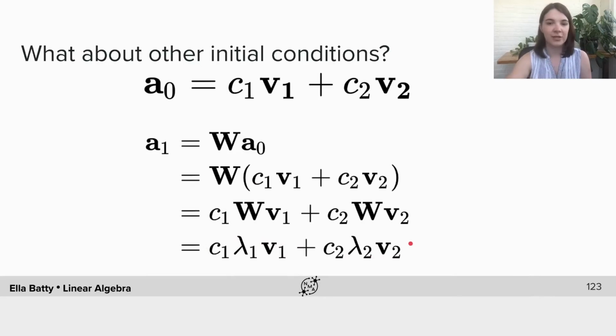And so that's pulling the constants out front and then using the fact that they're eigenvectors to turn this into the eigenvalue times the eigenvector. So we get the activity at time point 1 is the constant times the eigenvalue times the first eigenvector plus the second constant times the second eigenvalue times the second eigenvector. And I do apologize, this is a lot of math on the slide.